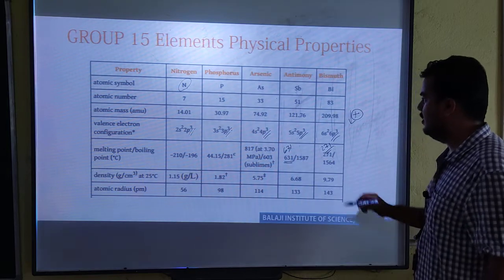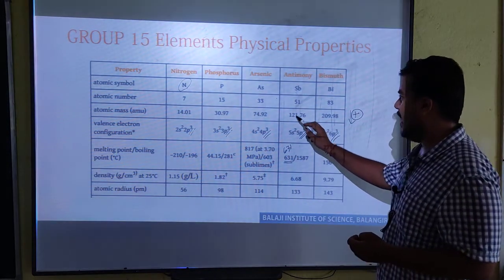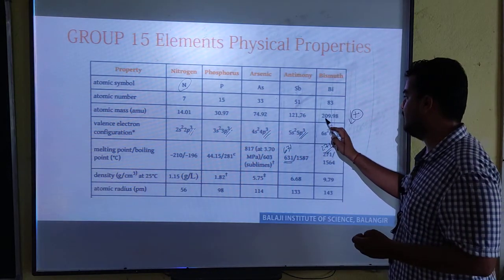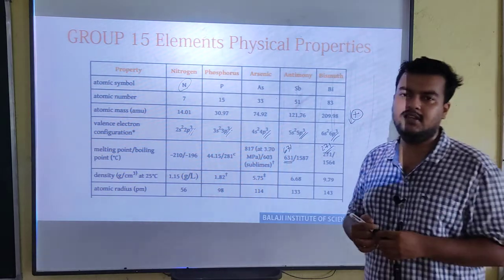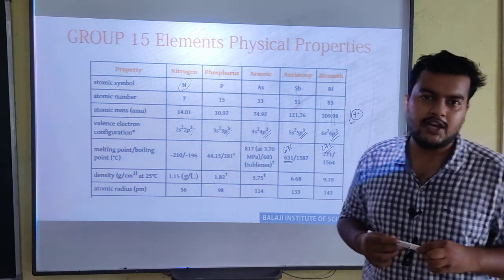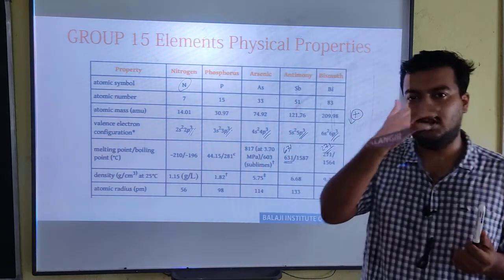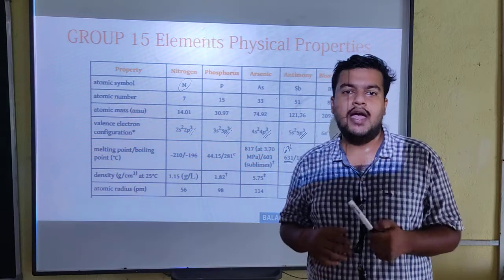Here the size is very important. As you can see, the size of antimony is 121 but the size of bismuth is 209. It is almost double. So when there is a larger size of element, the attraction between the nucleus and the outer shell electron becomes weak.